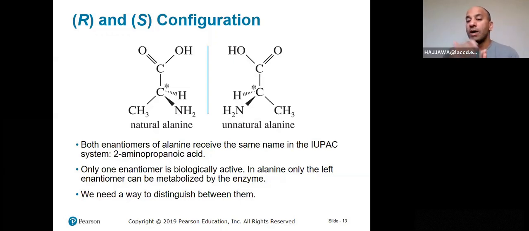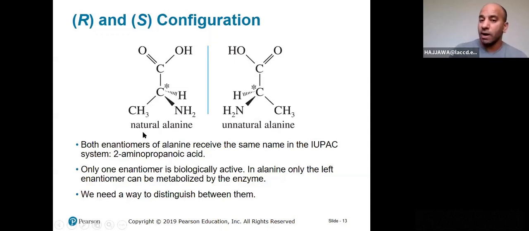And therefore, more specification is required when naming a compound that has different arrangements in space. That's where we see the R and S configuration. So 2-aminopropanoic acid can be drawn in both ways, but these two ways are not the same.